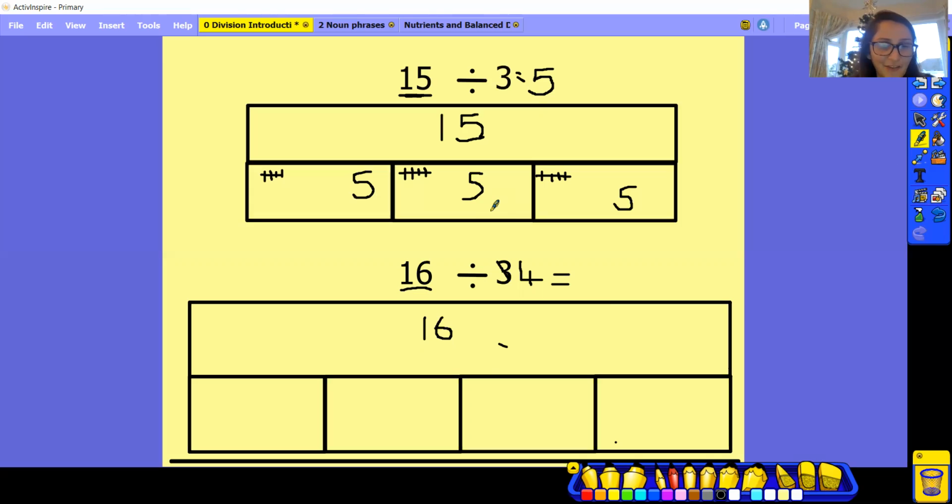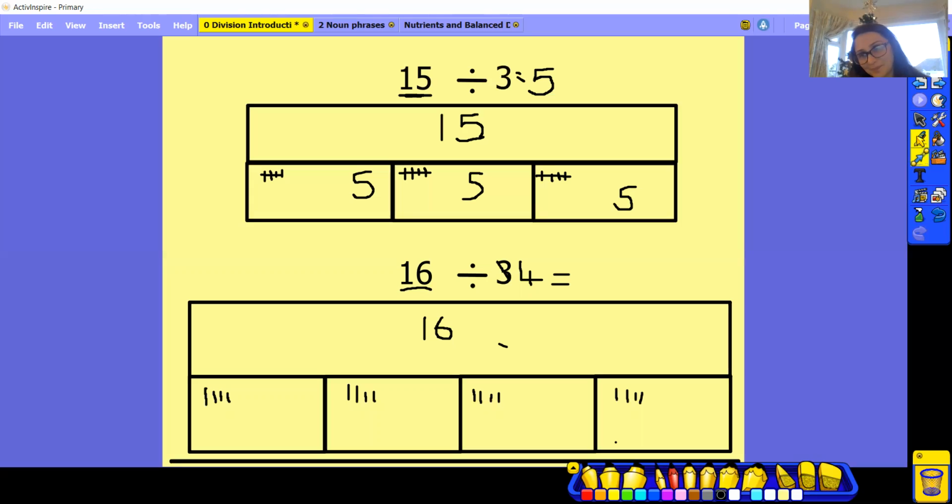So, right. Again, we've got 16 divided by 4. So again, you can do your tallies or your circles. So we've got 1, 2, 3, 4, 5, 6, 7, 8, 9, 10, 11, 12, 13, 14, 15, 16.